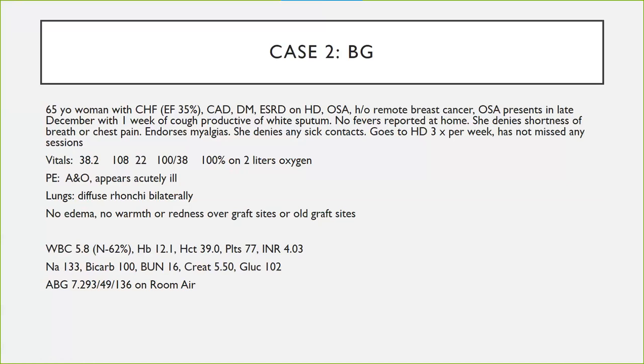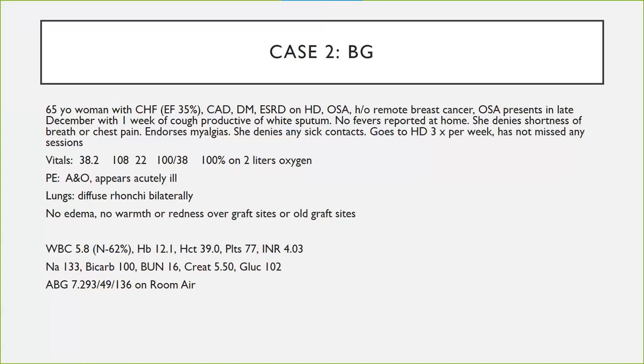On admission to the ED, her vital signs are as listed. She was mildly febrile at 38.2 and was satting 100% on 2 liters of oxygen. She had diffuse rhonchi bilaterally. Both of her graft sites, the old and the new, were unremarkable. White blood cell count was 5.8. Platelets were 77.